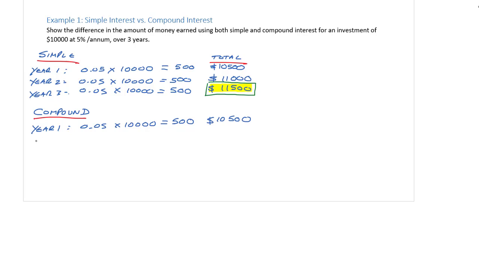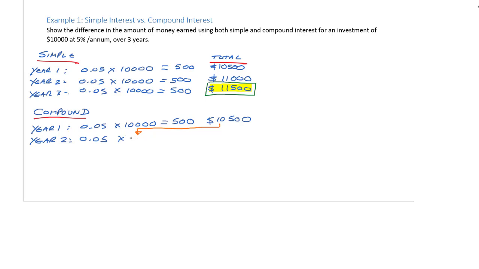Now here's where things change. Second year. All right, year 2, it's 5%, but we don't times it by 10,000. What we times it by is the $10,500. So we take that amount of money and we are going to multiply it by 5%. So what they say here is the interest has been compounded.